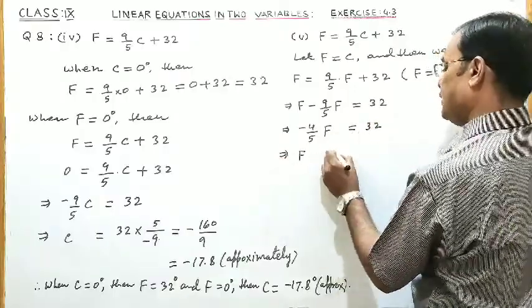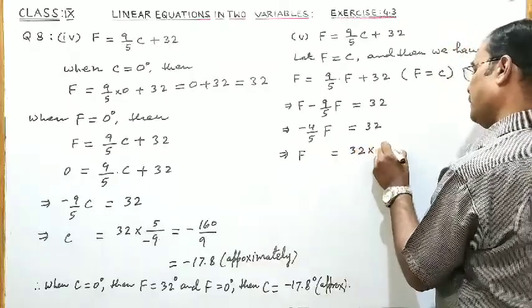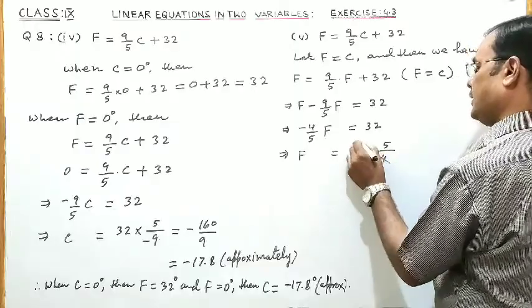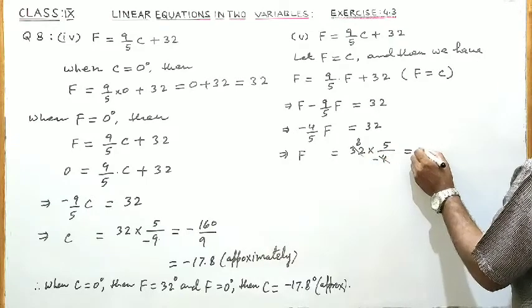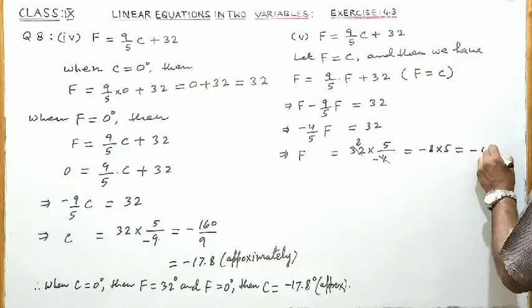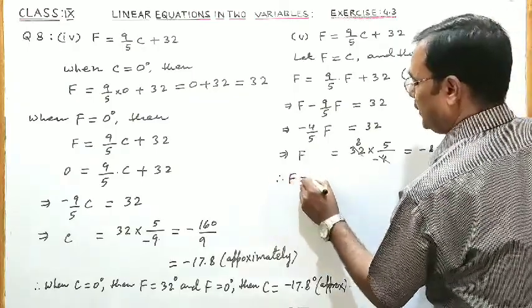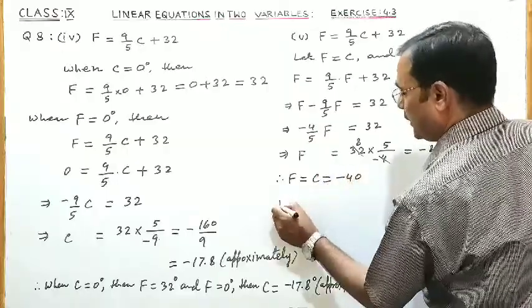So F is equal to 32 into 5 by minus 4. 4 8 ja 32. So this is minus 8 into 5 equal to minus 40. Therefore, F is equal to C is equal to minus 40.